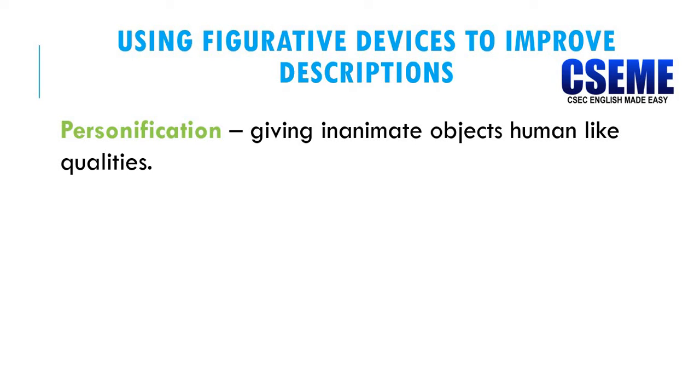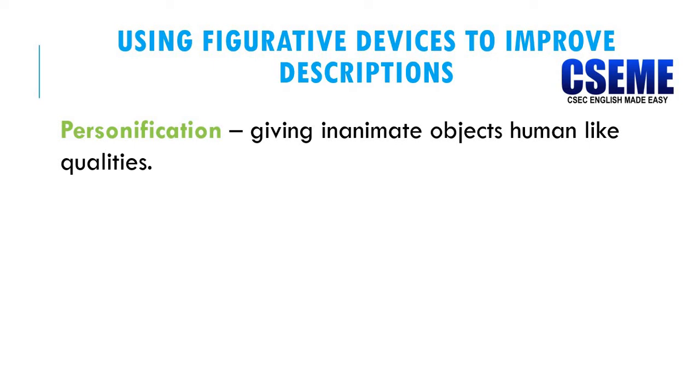Now, personification simply means giving human-like qualities to inanimate objects. What do I mean? A door is an inanimate object. A tree can be an inanimate object. A bag can be an inanimate object.